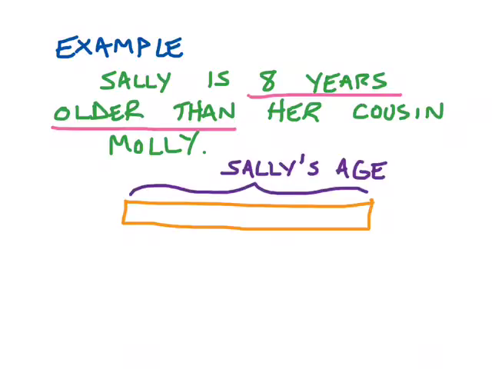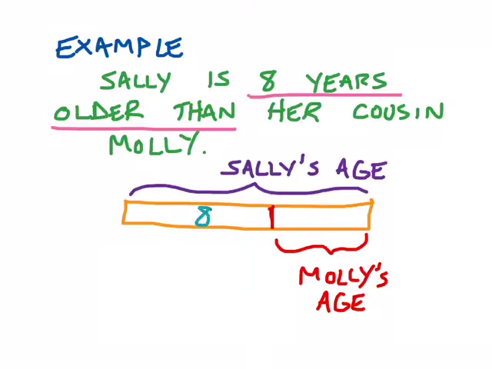And since Molly is younger, we're going to make a smaller bar, a piece of Sally's bar, represent Molly's age. Finally, since I know that the difference between their ages is 8 years, I'm going to put 8 here in this unlabeled bar, and that's going to represent the difference between the two ages.